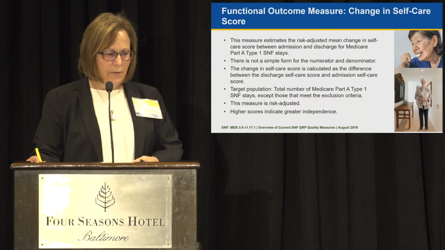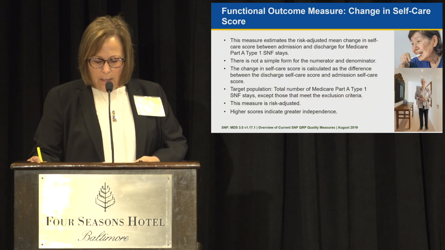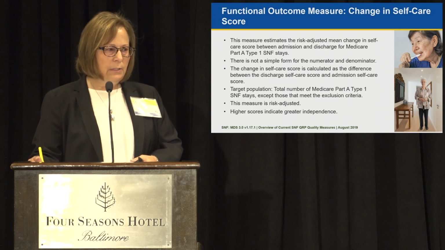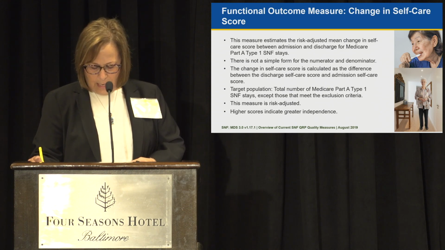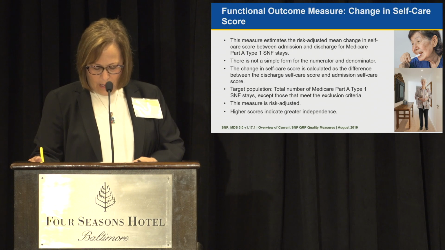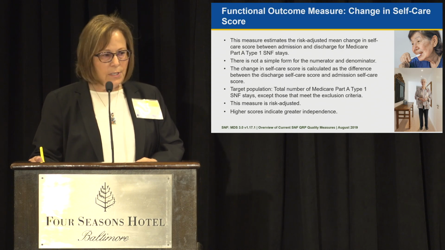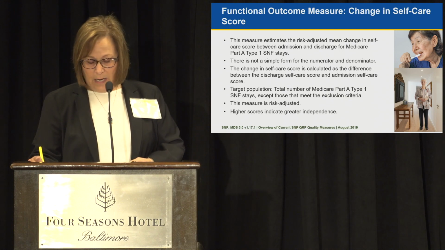For the change in self-care score, the measure estimates the risk-adjusted mean change in self-care score between admission and discharge for Medicare Part A type 1 stays. And expected scores are factored into the risk-adjusted mean change scores. There's not a simple form for the numerator and denominator.